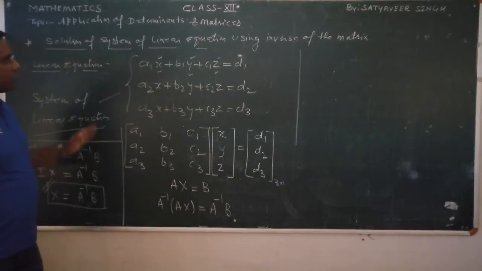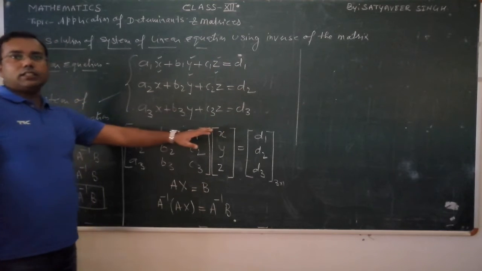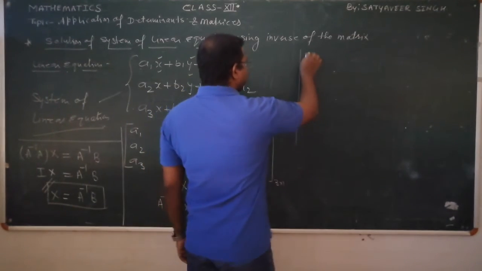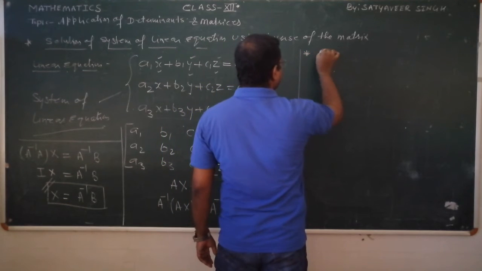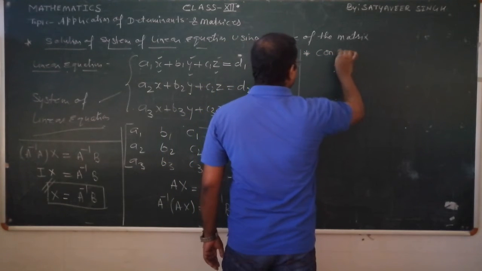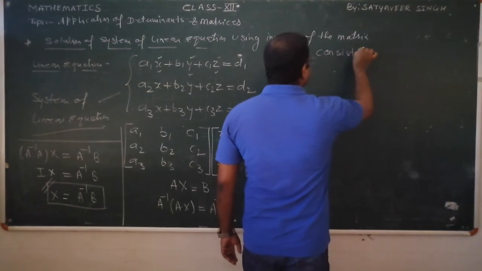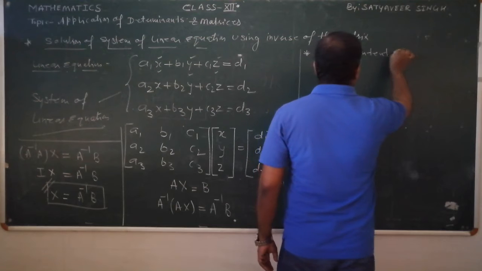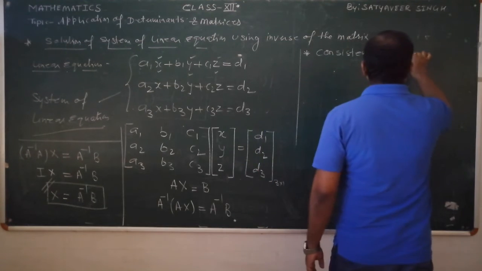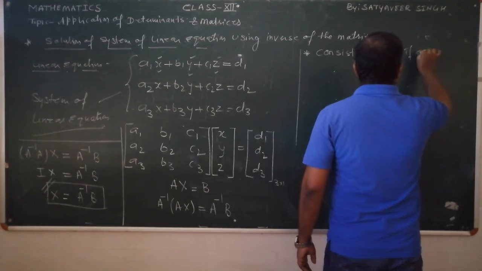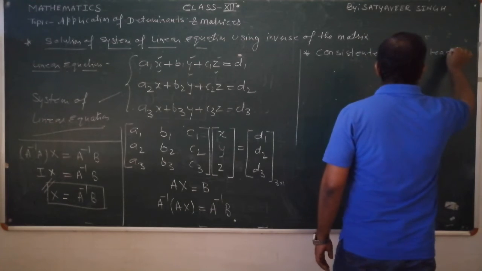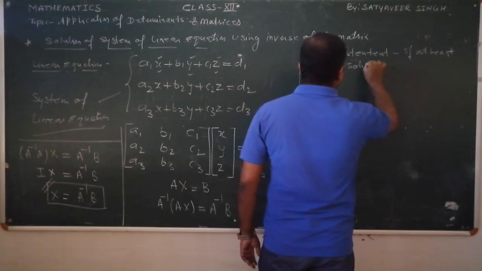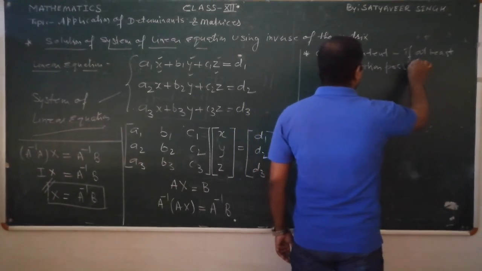See student, maybe the system of linear equation is consistent or maybe it is inconsistent. So what is the meaning of this? If it is consistent, at least one solution possible.